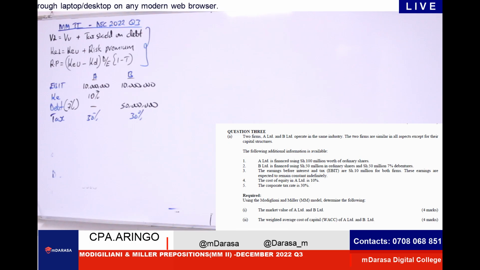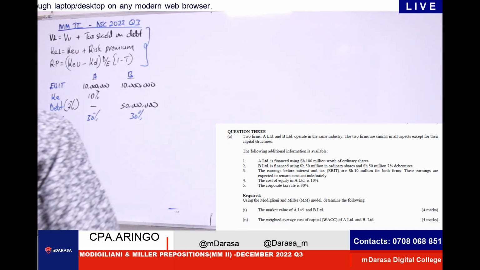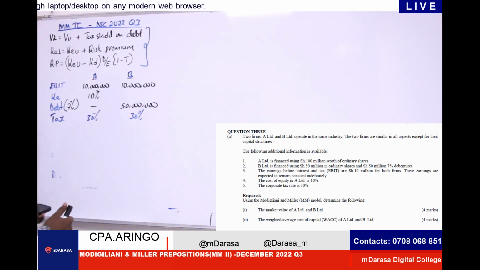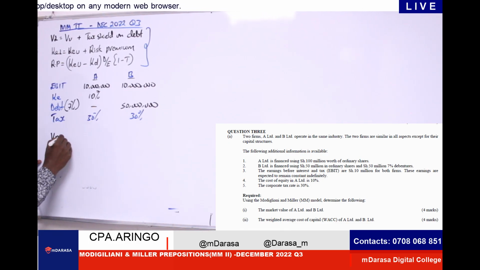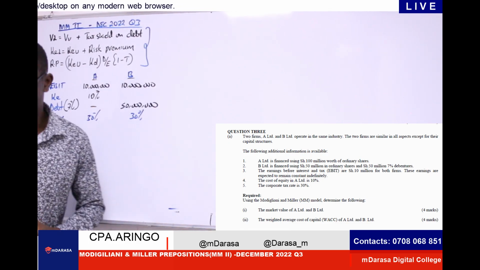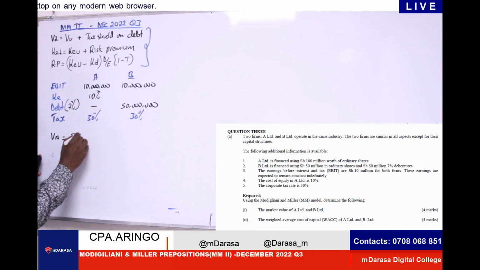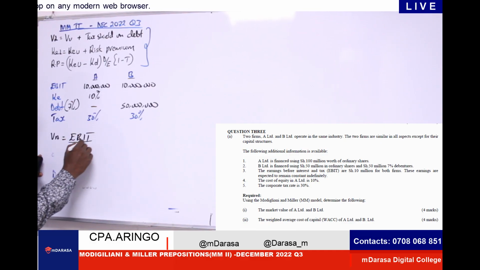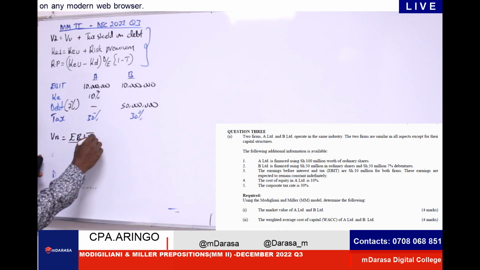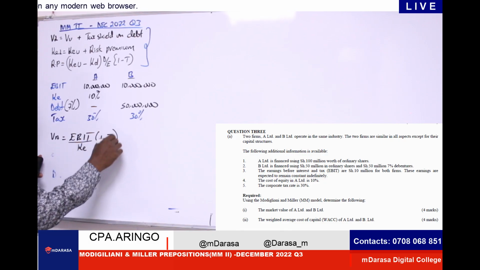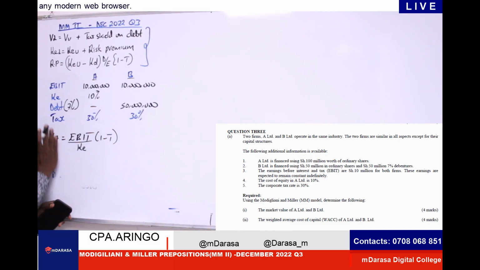Because the next item now for us to do will be to compute the value of the unlevered firm, which is firm A. So what about the value of firm A? The value of firm A will be very easy because you must always recall the earnings before interest and tax. We divide by our cost of equity times 1 minus T, the after tax component.